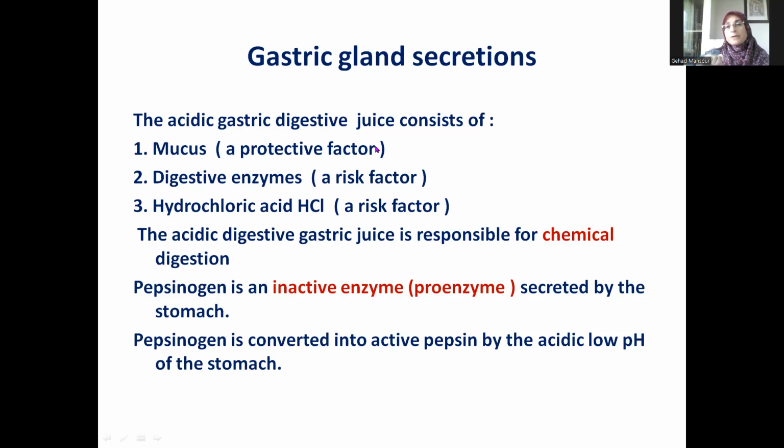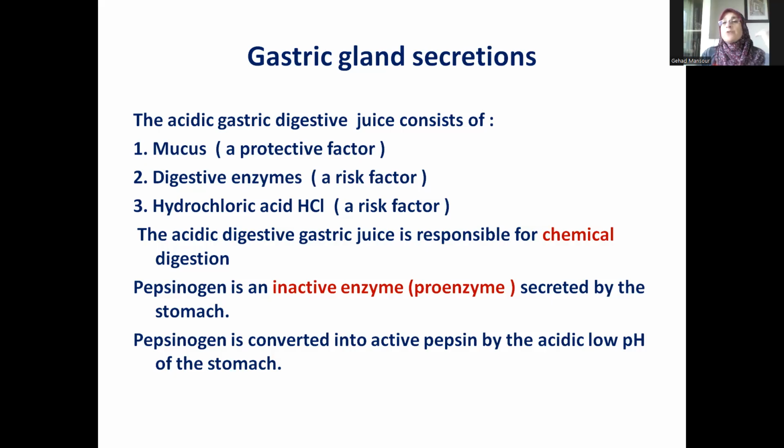What kind of protection is it? It is a mechanical, physical kind of protection, because mucus, being thick and sticky, will coat the inner lining of the stomach and act as a mechanical or physical barrier between HCl and pepsin in the lumen of the stomach, and the protein-containing cells of the gastric mucosa.